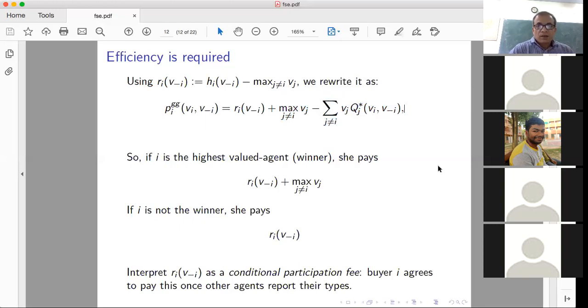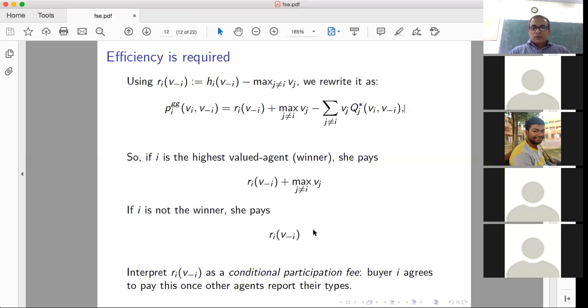Because if i is the highest valued agent in the Groves mechanism, the bidder wins, and this term is 0, and this is what he will pay in the Vickrey auction: max of v_j plus this r_i(v_{-i}), which we are free to choose in a Groves mechanism. If i is not the winner, then she pays r_i(v_{-i}).